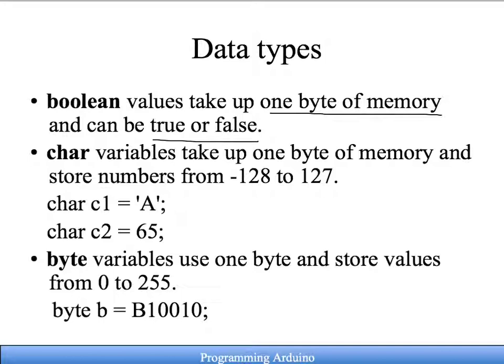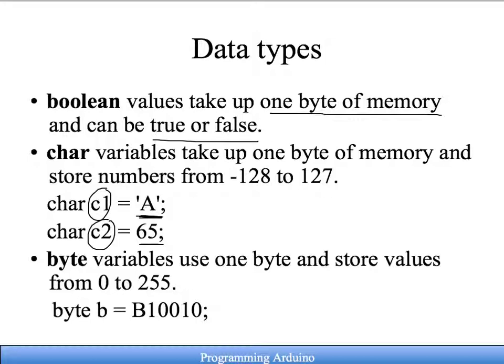The char takes up only 1 byte of memory, and the number is from -128 to 127. For example, char for variable called C1 equal to alphabet A, or char for C2 equal to 65. This one is actually related to the ASCII code.